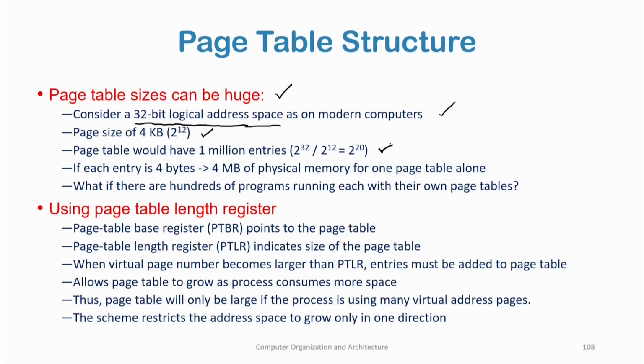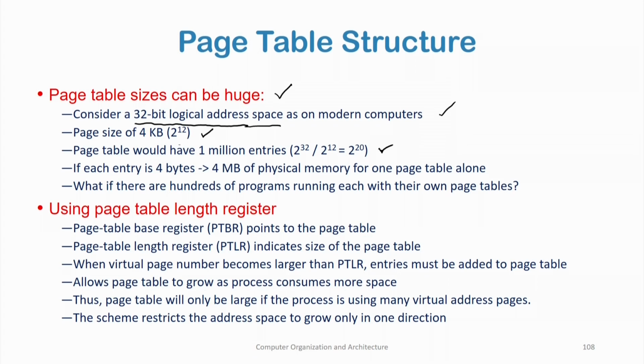Why? The address is 32 bits, out of which 12 bits I am using for the page offset, that is why the page size is 2 to the power 12, and the rest, 32 minus 12, these 20 bits I am using for the page number. This determines the number of entries in the page table.